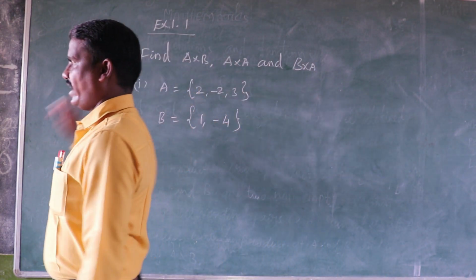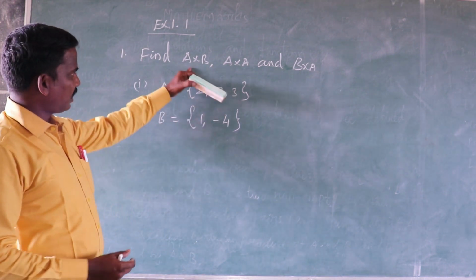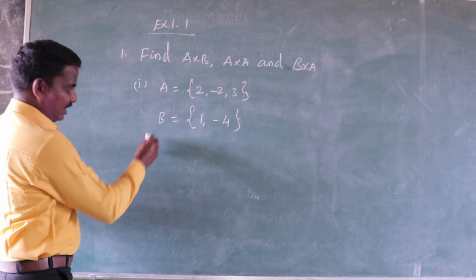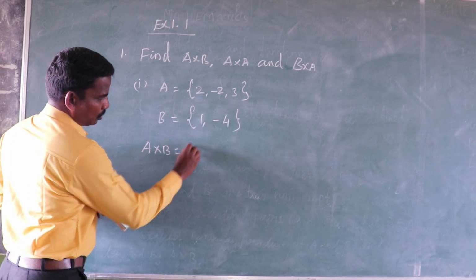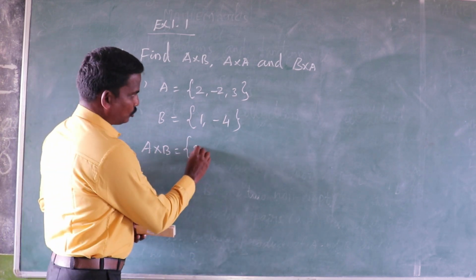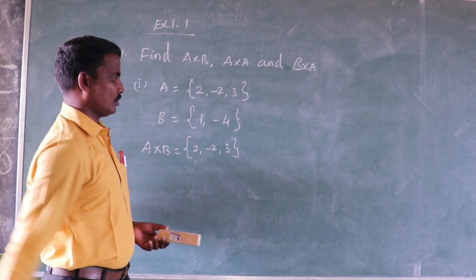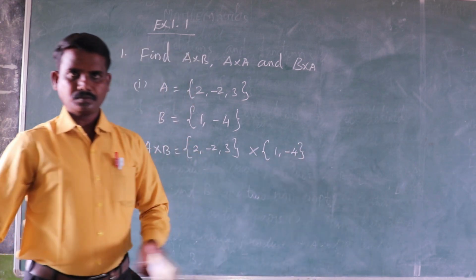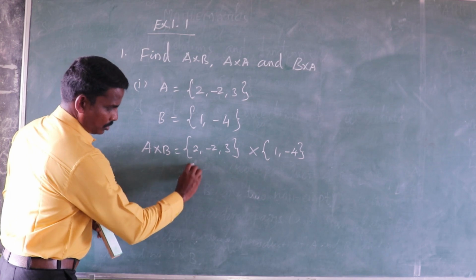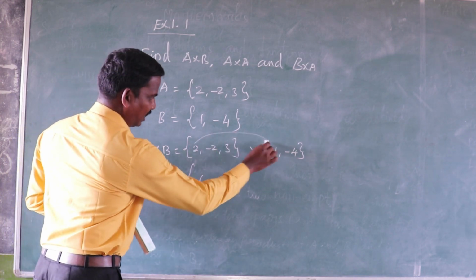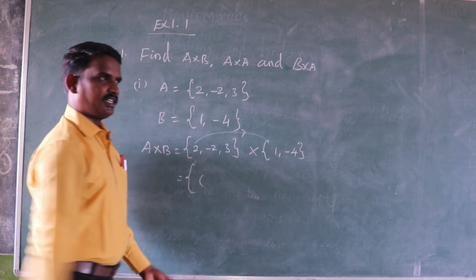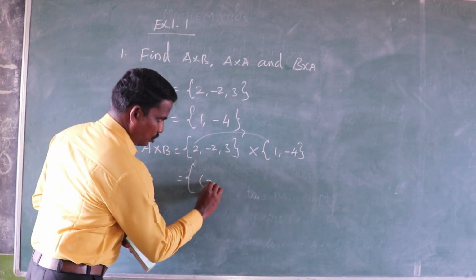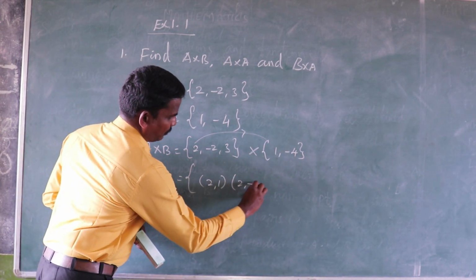So we can find the Cartesian product of these two sets, A cross B, A cross A and B cross B. Here first, A cross B: the elements in A are 2, -2 and 3, cross the elements in B, 1, -4. So we write A cross B in set brackets, the first element in set A with the first element in set B, and the first element in A with the second element in B. That is (2, 1), (2, -4).